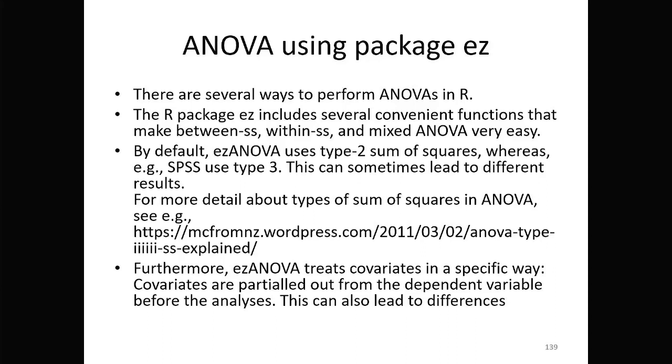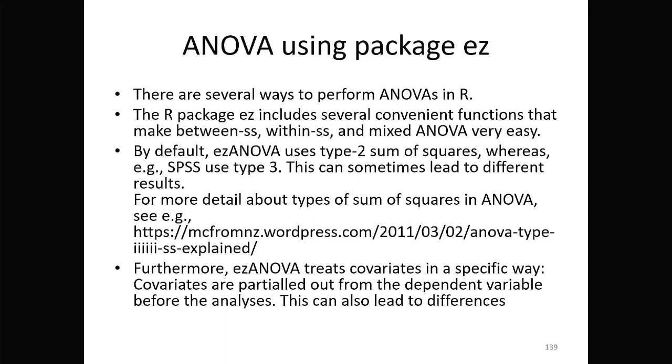And ANOVA is one of those, because if you want to specify a within-subject ANOVA, then you manually have to specify the error structure. It's not very convenient. And also having plots is not necessarily easy in vanilla R, whereas the package easy has been programmed to make everything very straightforward. So between-subject, within-subject ANOVA, and the plots, everything is very immediate.